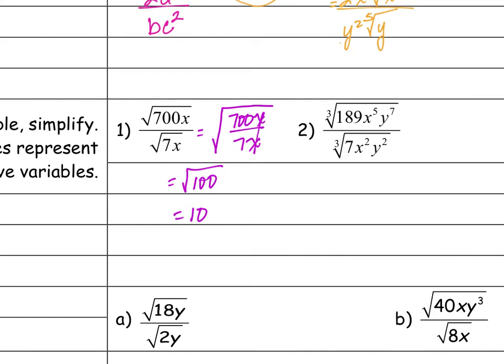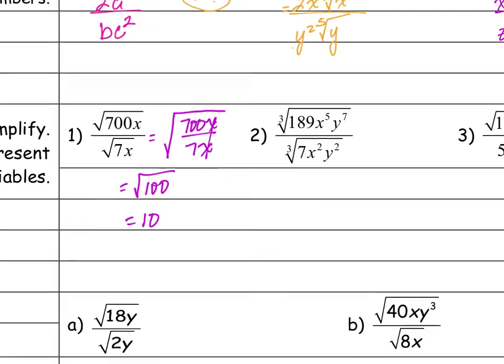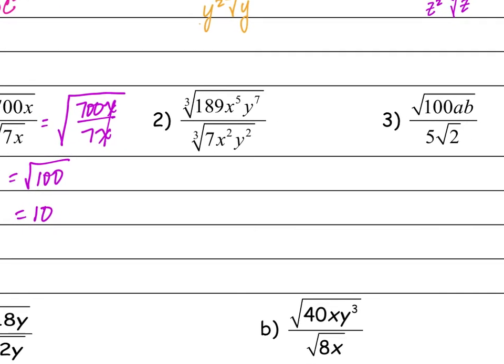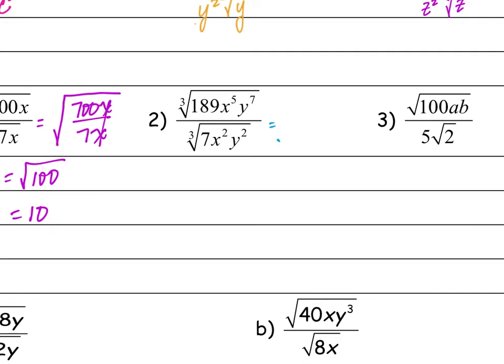That made it much easier, right? Yeah. So we're going to do the same thing with the next one and see how much simpler that makes it. I don't know if it's going to make it a lot simpler or not. But, so I have the cubed root of 189 x to the 5th, y to the 7th, over 7x squared y squared.